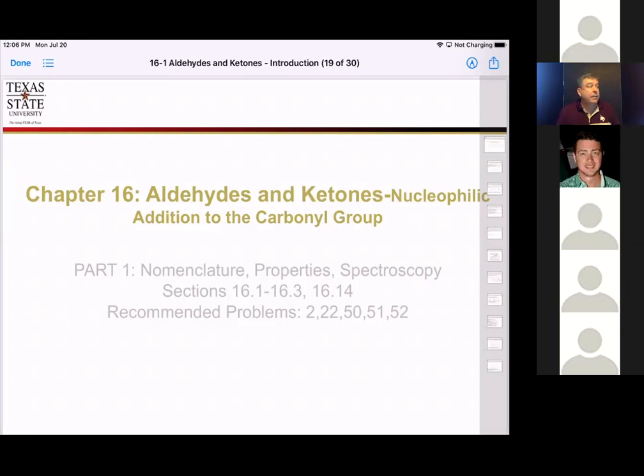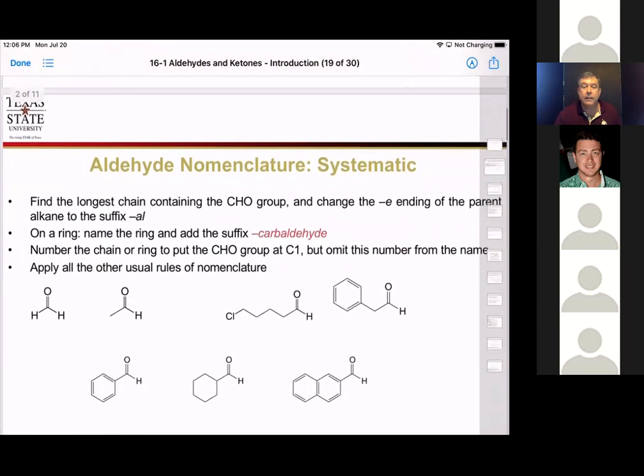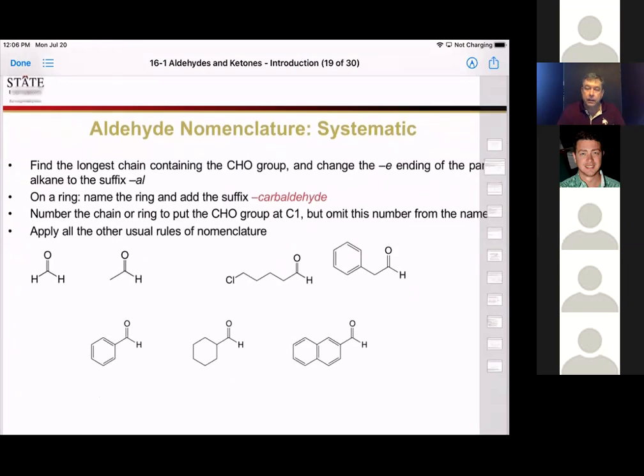So what that's going to do for us is set the stage for these two new functional groups we're going to talk about, which are aldehydes and ketones. Okay. So the first thing I want to talk about is an aldehyde. An aldehyde has a carbonyl on it, but it only has one R group bonded to it and then a hydrogen bonded to it.